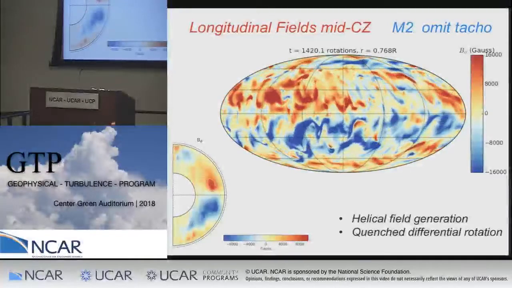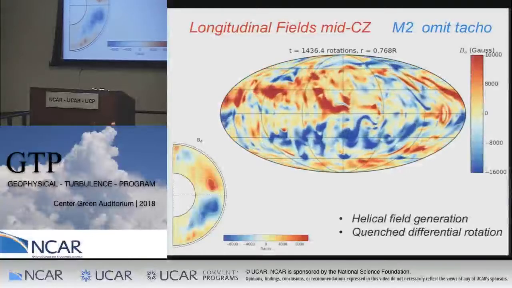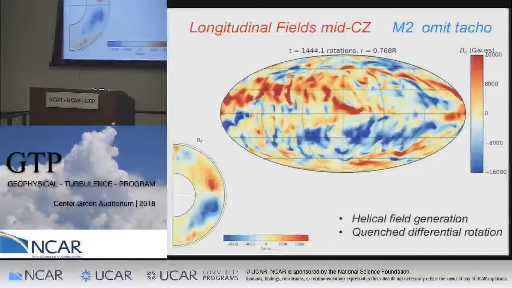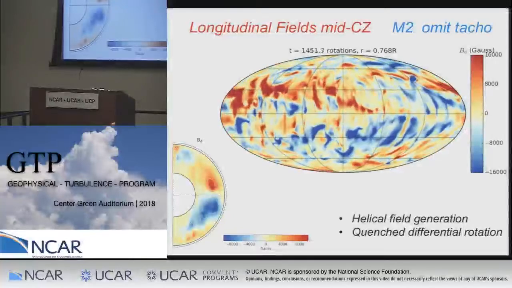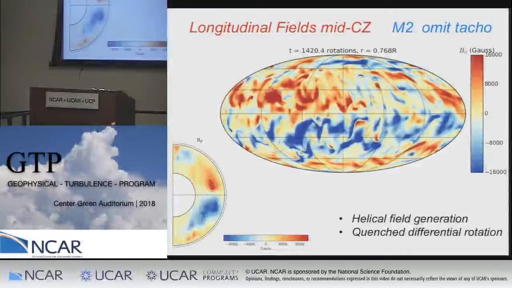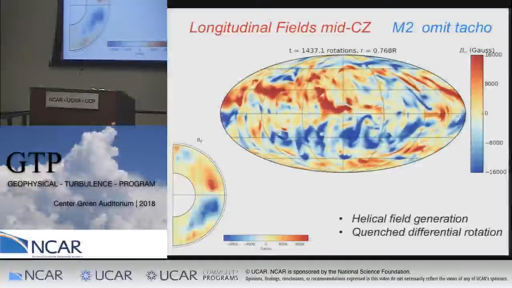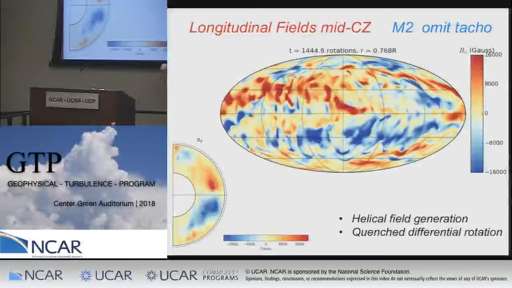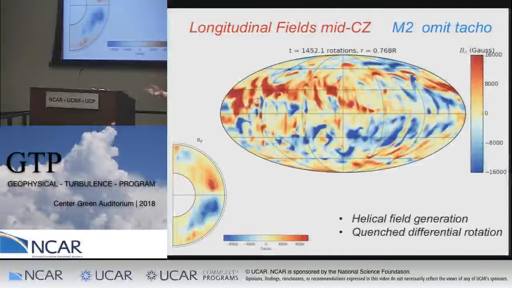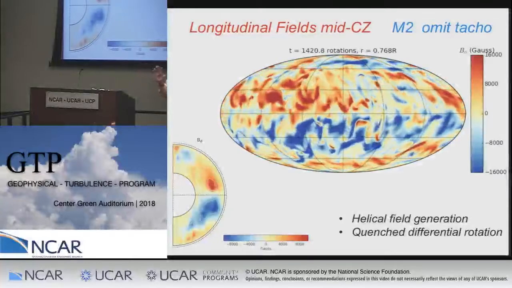I'll tell you what this is in a moment, but the east-west of the longitudinal fields are either red or blue, depending upon their polarity. The same star, if it was to be entirely hydrodynamic, would exhibit a fairly strong differential rotation. You allow it to run its dynamo, and it basically wipes that differential rotation out. It's very bland.